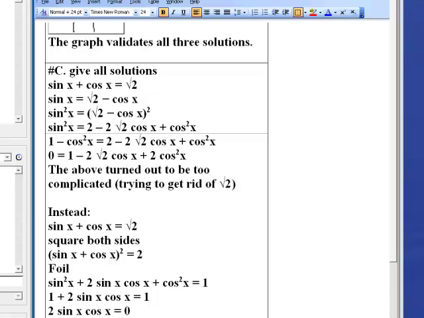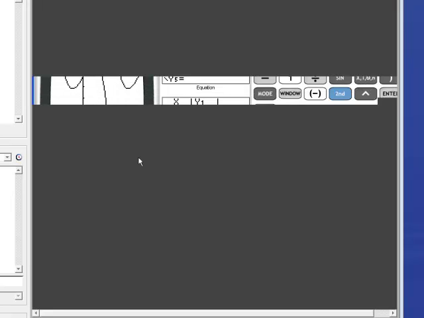Let's see if this is indeed correct. So I'm going to go to the graphing calculator and I graph this. Sine x plus cosine x minus square root of 2. So let's go over there. Okay, there we go.